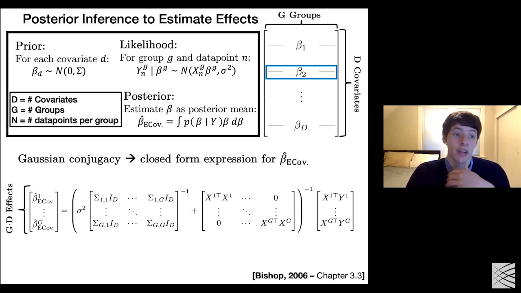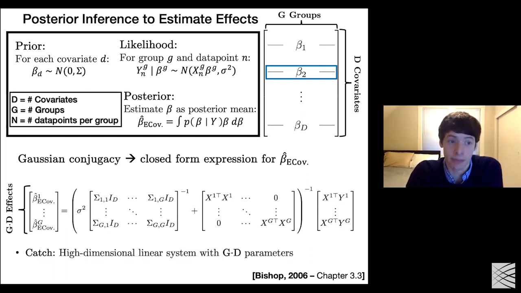Then we're in a setting where the standard tools for Bayesian linear regression apply, and we can chug through this linear algebra to get an estimate out. You can find this in your favorite machine learning or statistics textbook. For example, Bishop provides an equation that lets us get here.